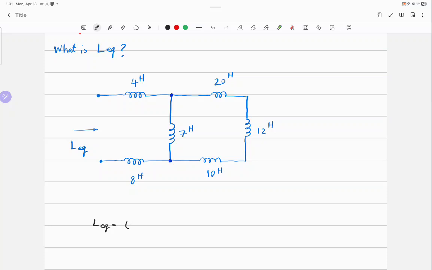So do you agree with 20 plus 12 plus 10, and then parallel with 7, and then plus 4 plus 8? Okay? That's the equivalent inductance. Any problem?